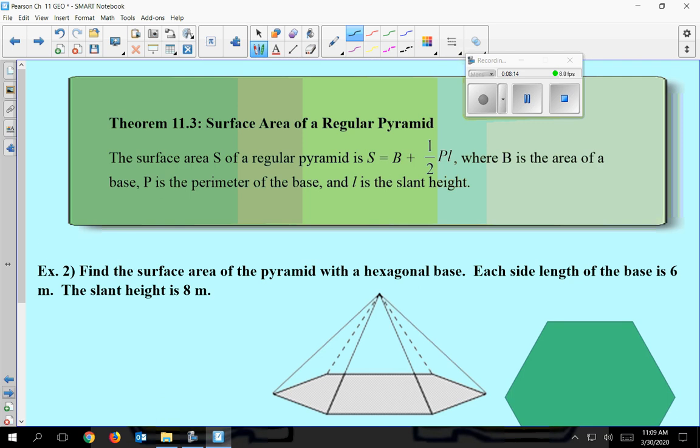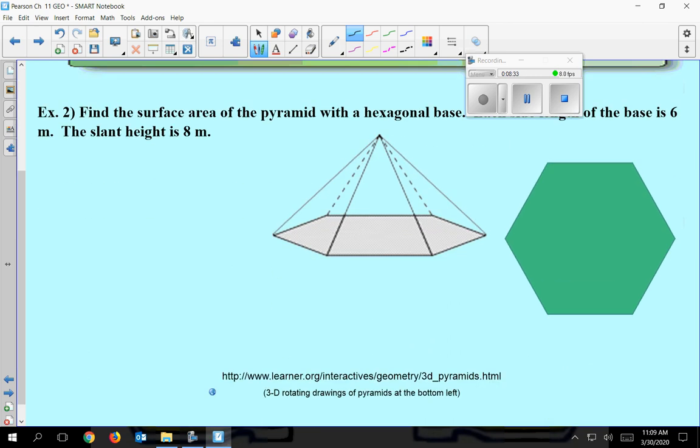For this one, we're repeating the formula here. You notice that this part's a little bit different from what we did earlier because there's only one base now for a pyramid. This one though is a hexagonal based figure.